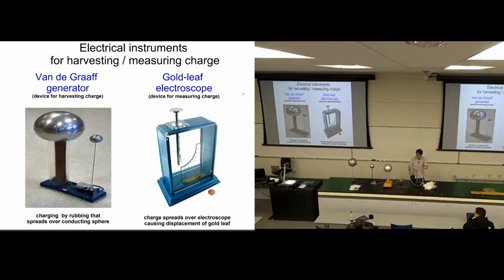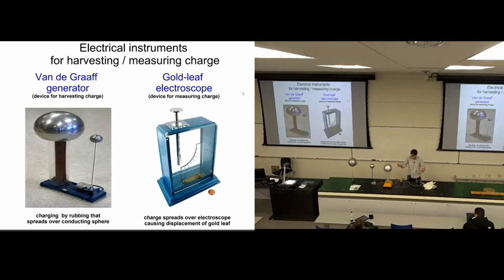Below this metal disc is a metal arm, and the charge will spread out because this is a conductor. Charge will flow freely on the conductor. The arm has a solid piece that's just vertical, and then you can see here that it's got this movable piece. If charge spreads out on these two conducting objects, the movable piece will be repelled from the fixed piece. So by measuring the displacement of the movable piece, we can measure the charge. So it's a way of measuring charge.